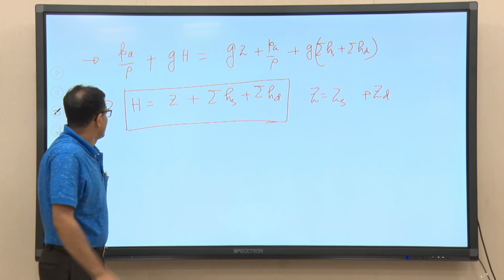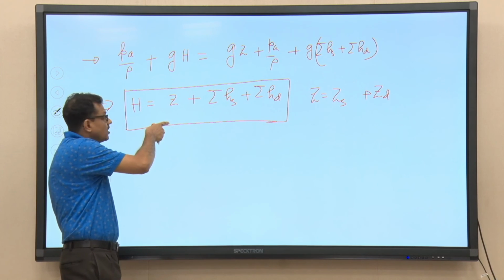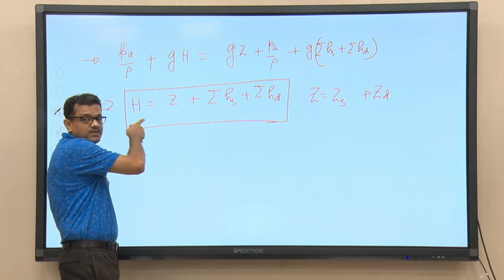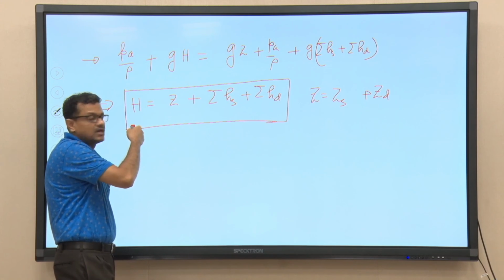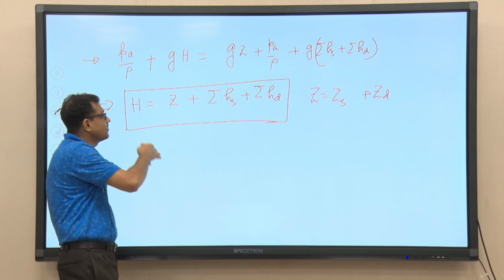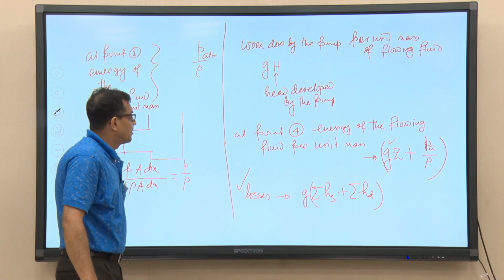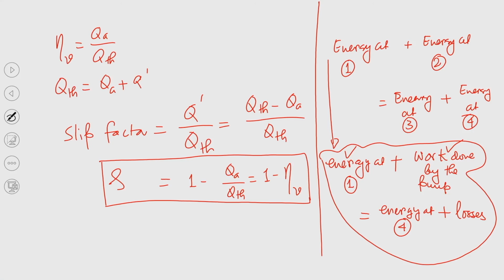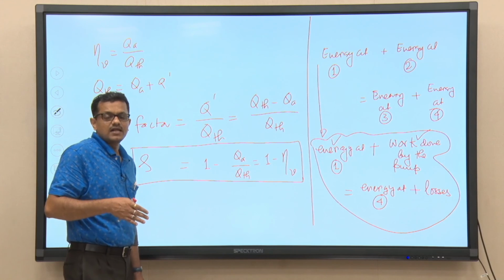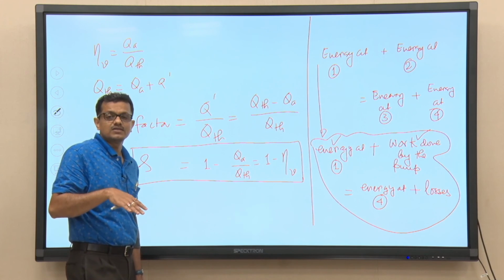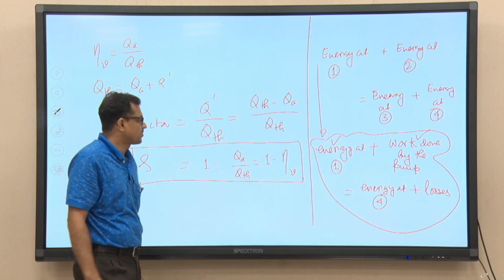We got the expression of this equation, which gives us the head developed by the pump, by following the gross energy balance approach of the pumping system. And to do that, we have integrated all the mechanical elements, all the mechanical components together to frame the system, right.